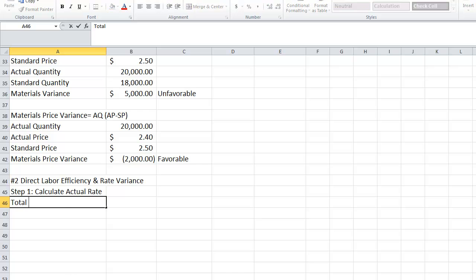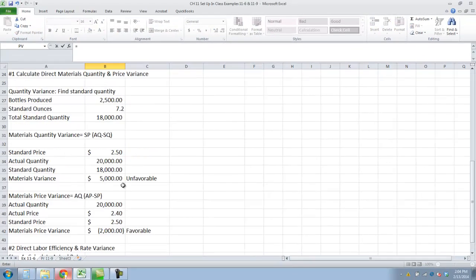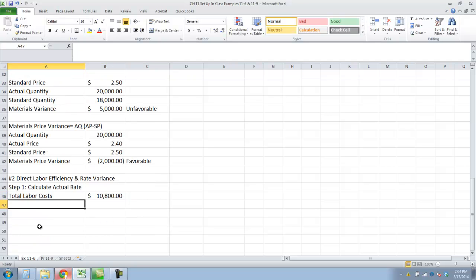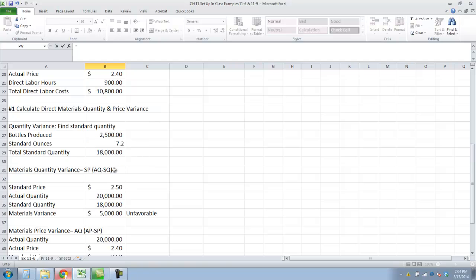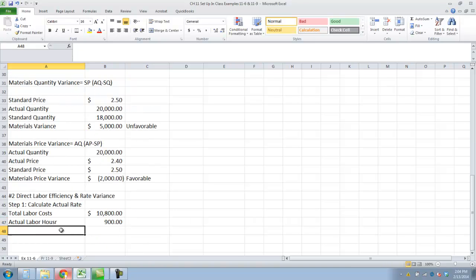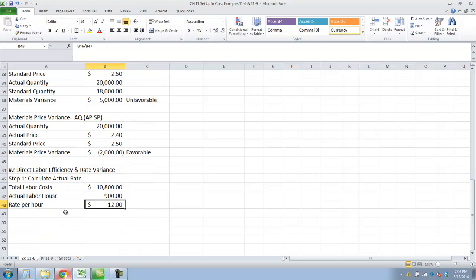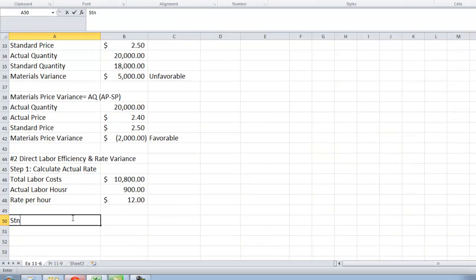We have total labor cost, which was 10,800. Actual labor hours equals 900. Rate per hour. So our actual rate per hour is $12.